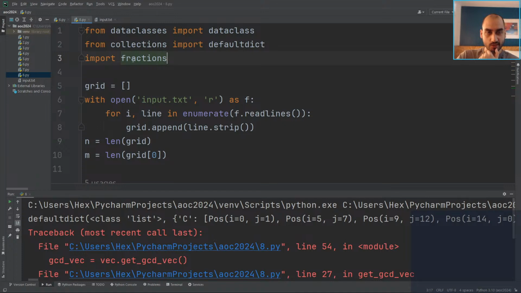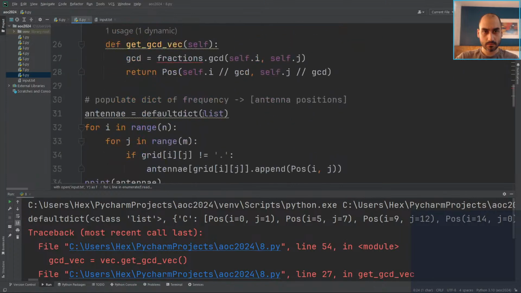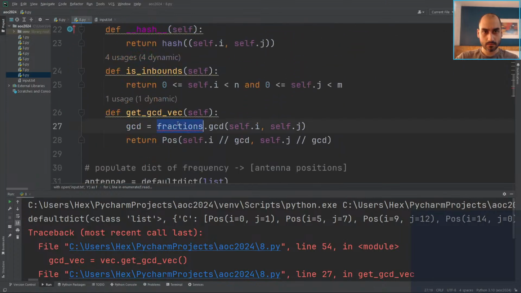I think that's an old thing. This is outdated. I think we need to use... I've just got to Google this. Math.gcd? Did it used to be in fractions? I don't know. If it did, it was probably a very long time ago.